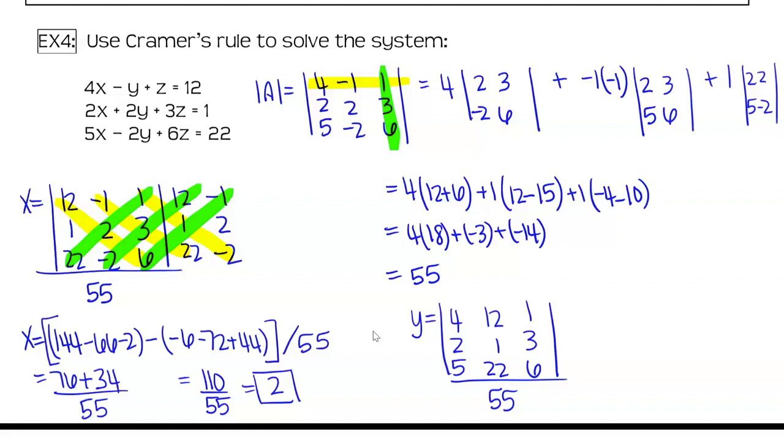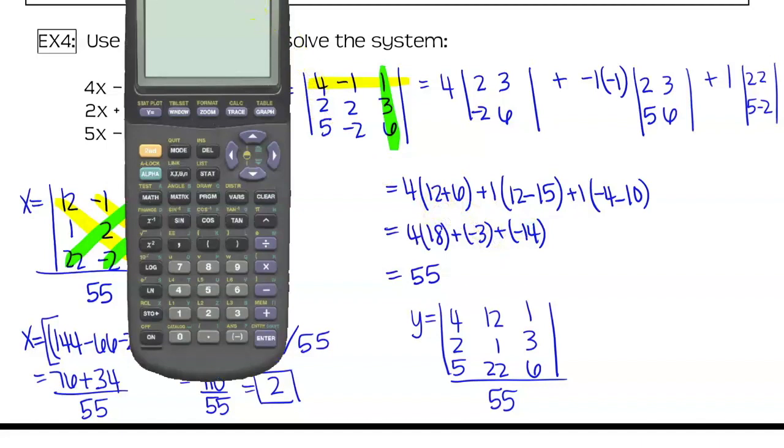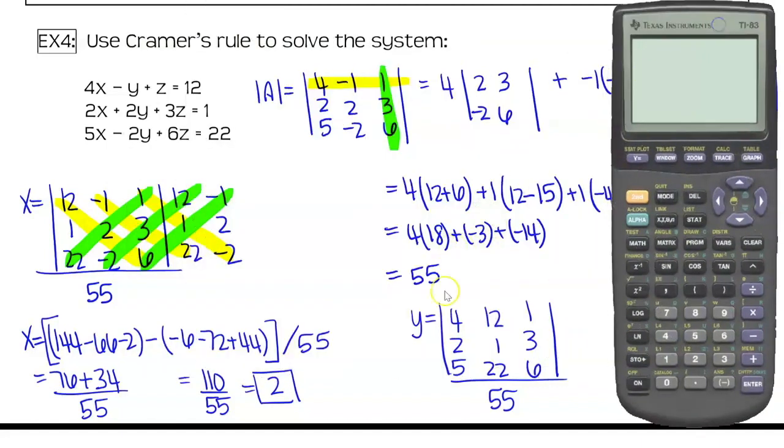Alright, I do want to show you one more thing, and that of course is the calculator. So these aren't as nice to do in your calculator because the matrix changes every time. It's a little annoying to put each new matrix into the calculator, but I'll do one of them. Let's just confirm x. So I'm going to put this x numerator matrix in.